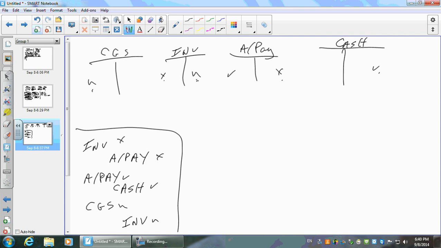All right, guys. So what do we know about cost of goods sold? In this problem, nothing. I could have given you cost of goods sold and had you solve for something else. Just write down everything you know and solve for what you don't know. What do we know about inventory? Beginning 65, ending.